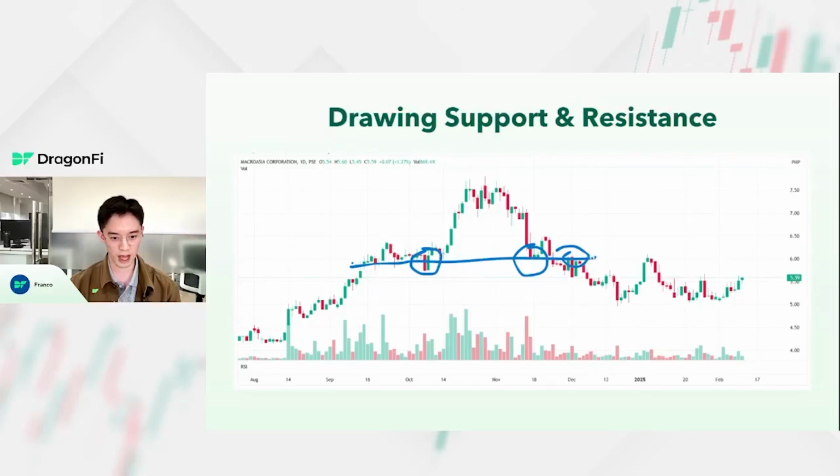And so with that, you can continue to draw your resistance level at the 6 peso level, and notice that price will continue to retest that level and attempt to break out, but without any significant catalyst pushing it higher, the sellers will push Mac back down to support, which we can draw at this level around 5 pesos.